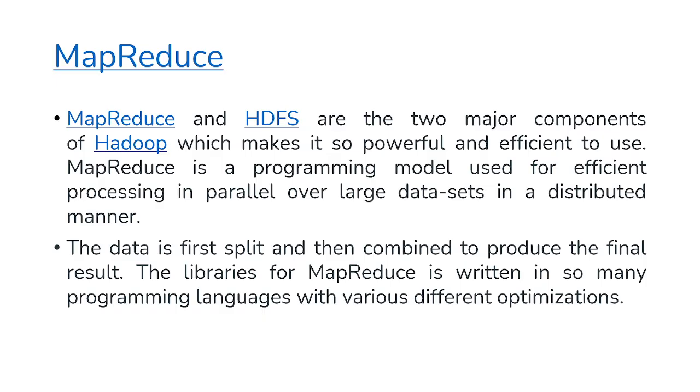MapReduce and HDFS, which is the Hadoop Distributed File System, are the two major components of Hadoop to store and access the unstructured and semi-structured data stored in large data sets efficiently.